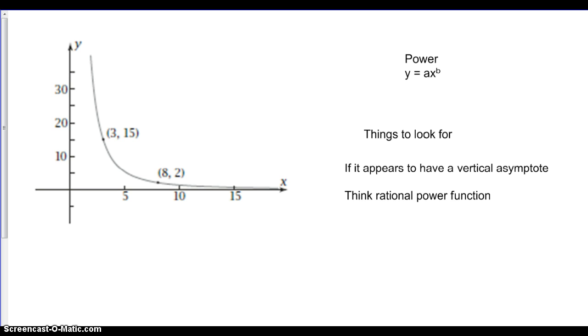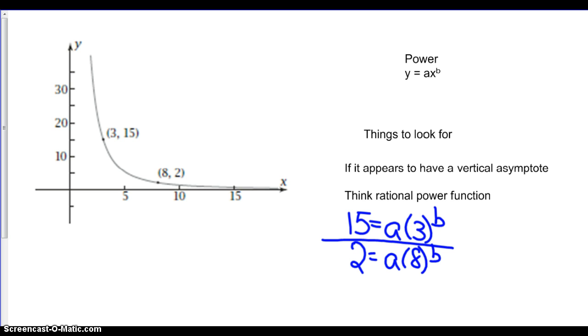So again, use your function. So 15 equals a times 3 to the b, and then 2 equals a times 8 to the b. Again, you're going to divide here, and you're going to end up with 15 over 2.